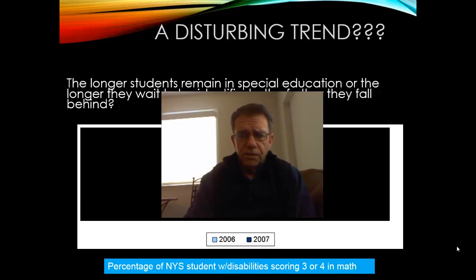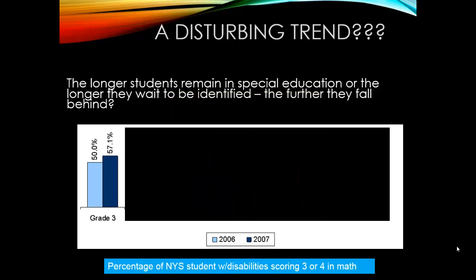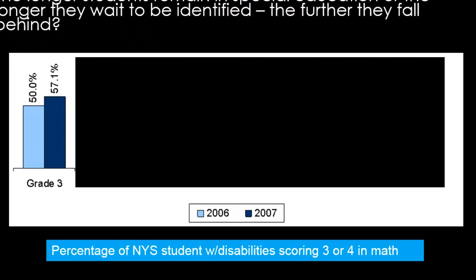And in this graph, which I'm going to show here, it's a percentage of New York State students with disabilities scoring 3 or 4 in math. This is between 2006 and 2007, and you can see in grade 3, 50% of those special ed kids scored 3 or 4, and in 2007, 57%.